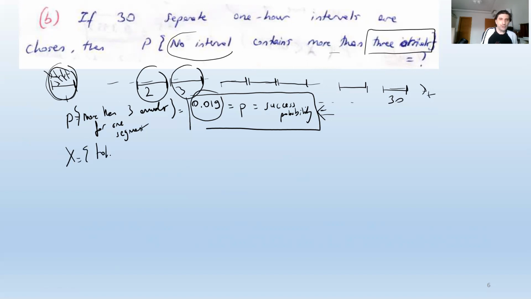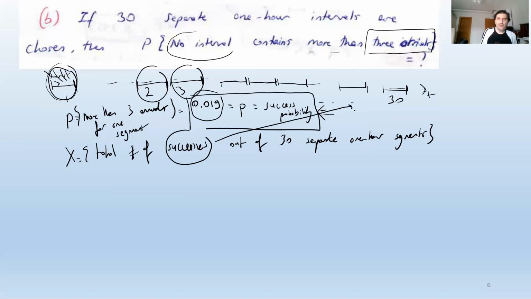This is going to be the total number of successes out of 30 separate 1 hour segments. When I say success, I mean more than 3 planes landing.